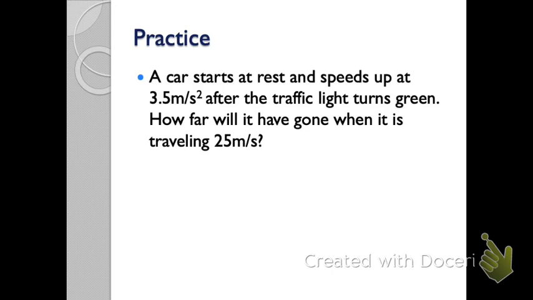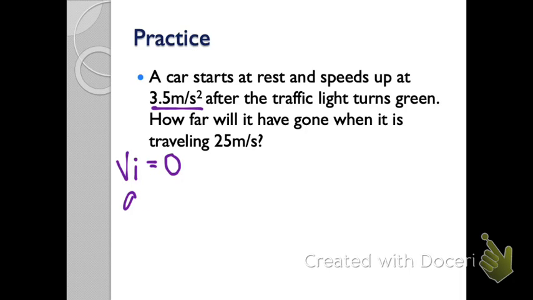Car starts at rest and speeds up at 3.5 meters per second. How far will it have gone when it's traveling 25 meters per second? Right. Good. I heard somebody say it. Starting at rest means our VI is equal to 0.